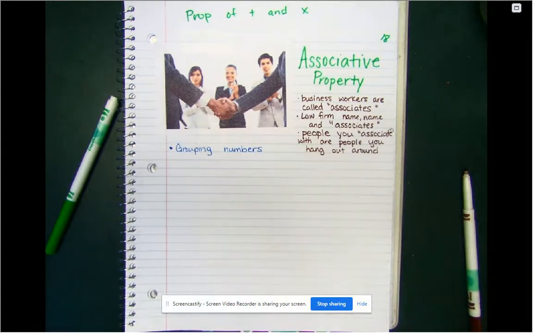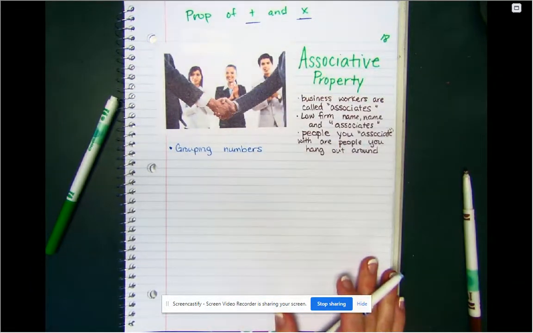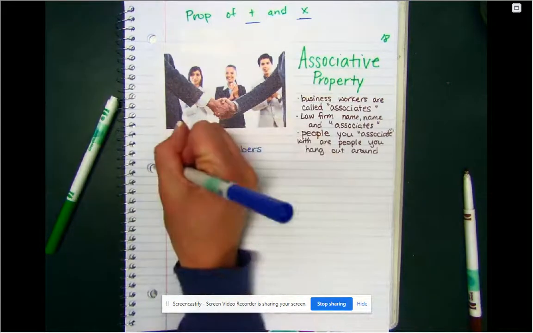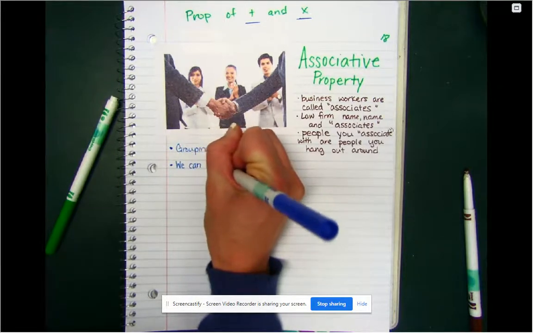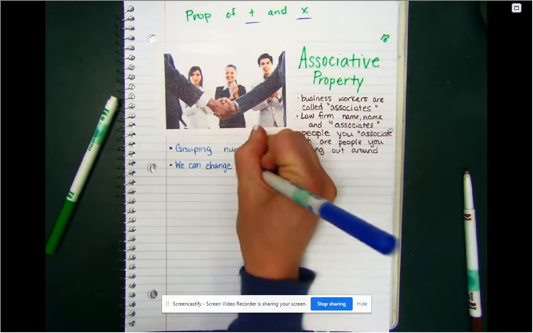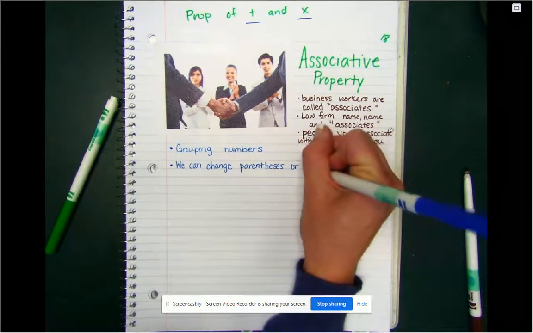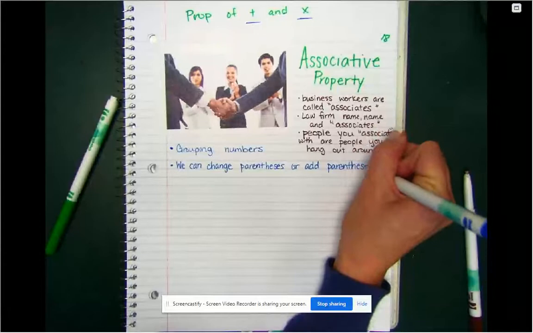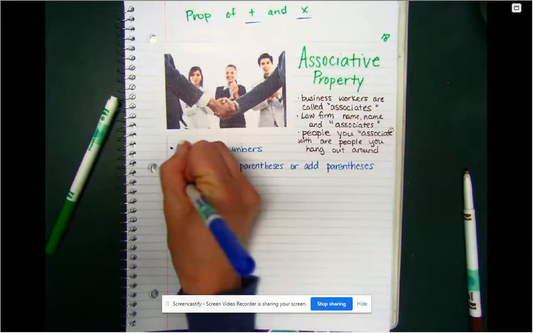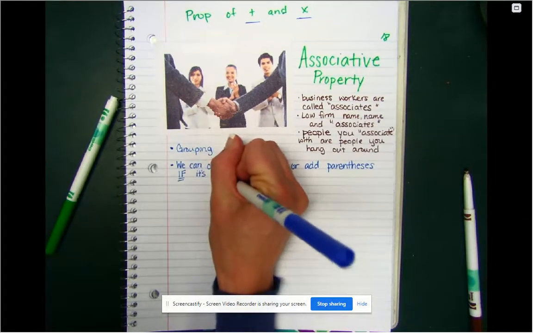And the associative property says that when we are adding or multiplying, remember these are properties of adding and multiplying, we can change parentheses or add parentheses if it's the same operation.